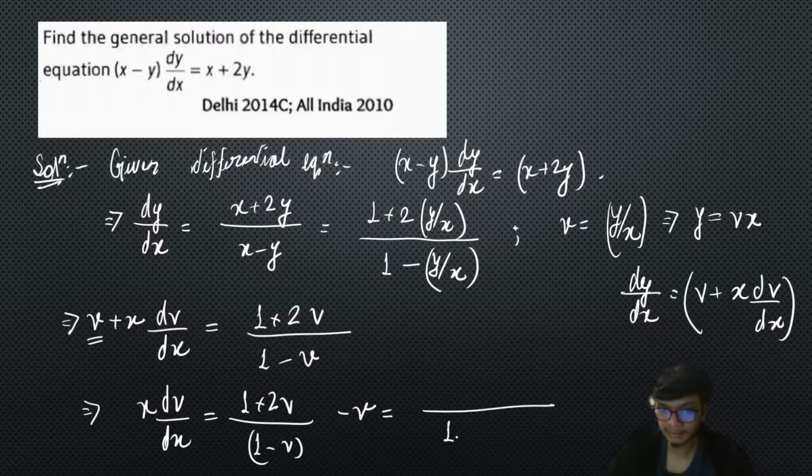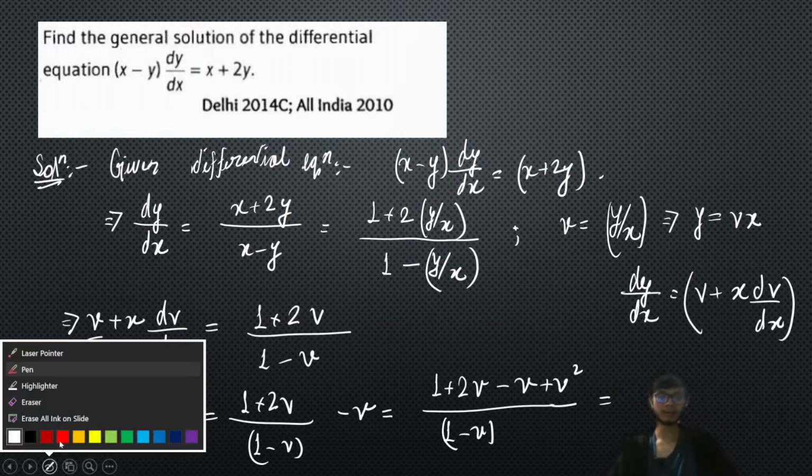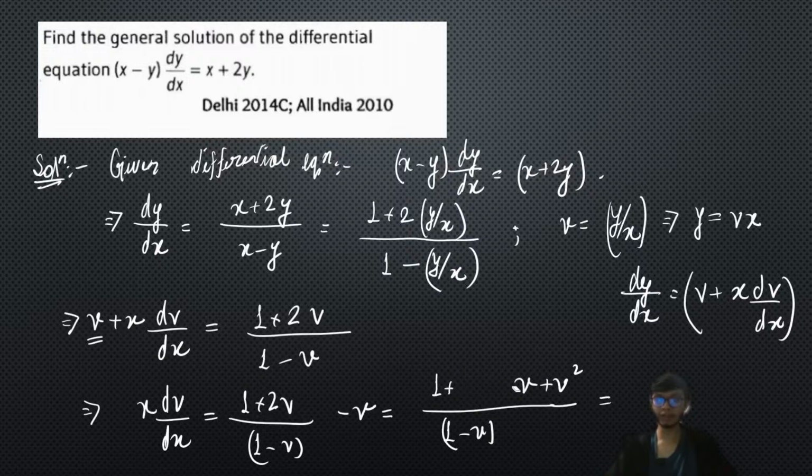I can simplify it further as 1 over (1 minus v) times, now in the numerator we will have 1 plus 2v minus v plus v square, right? That is nothing but 1 plus v square, right? So that is what we are getting.